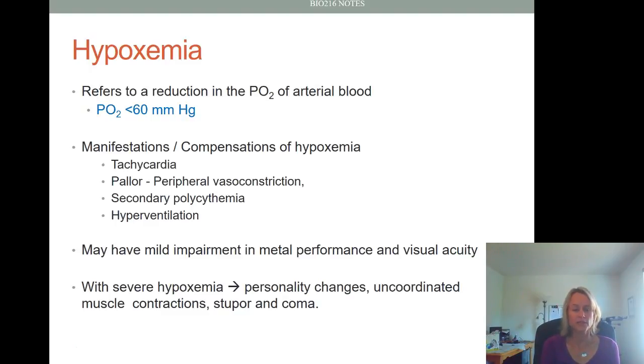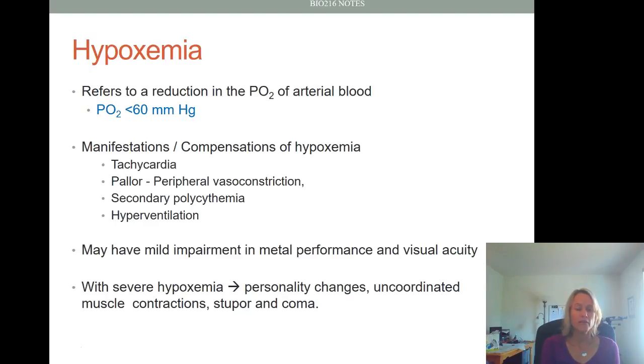Manifestations, some of which are also compensations for hypoxemia, include tachycardia, pallor, and this is due to peripheral vasoconstriction. We're going to shunt blood more to the core, away from the skin. Secondary polycythemia, so in response to the hypoxia, erythropoietin is excreted, and then we get an increase in red blood cells, and hyperventilation.